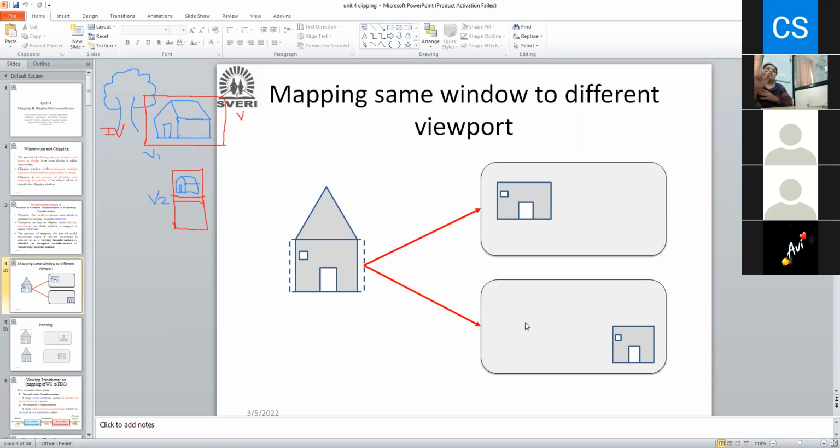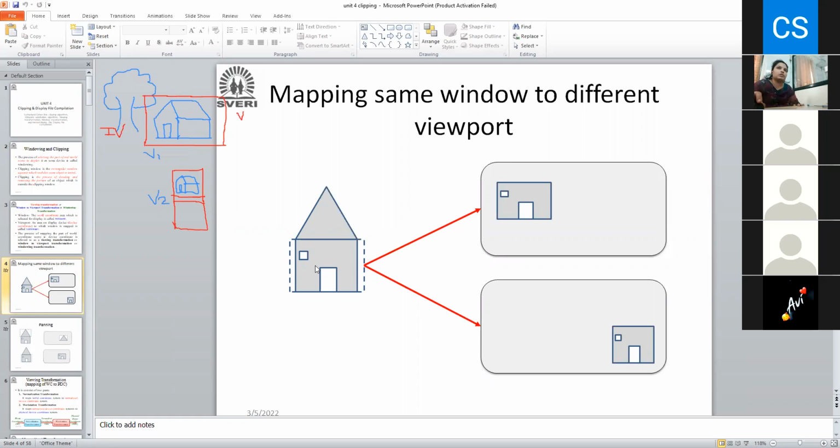One is showing the horizontal expansion, the other is showing some vertical expansion. Just now we have seen in the laptop, we are having horizontal expansion. In the mobile handset, we are having vertical kind of expansion. So there are two viewports for the same image. The image is the same.